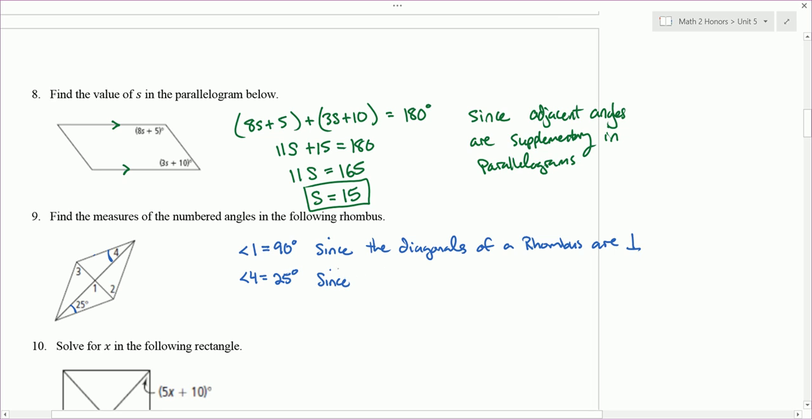since the rhombus is a parallelogram, and alternate interior angles are congruent.